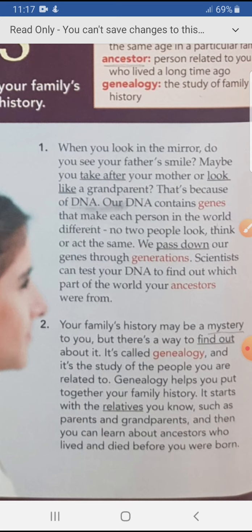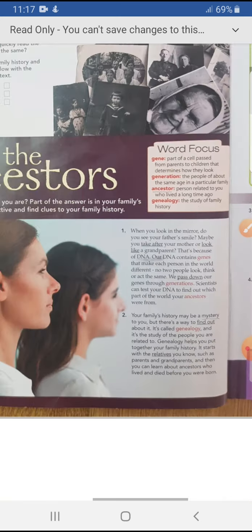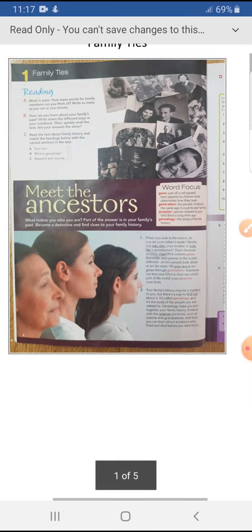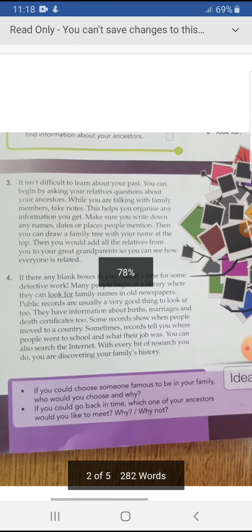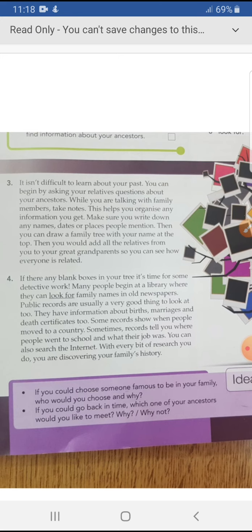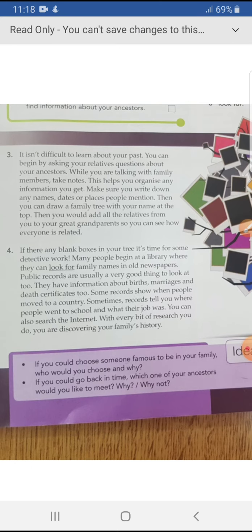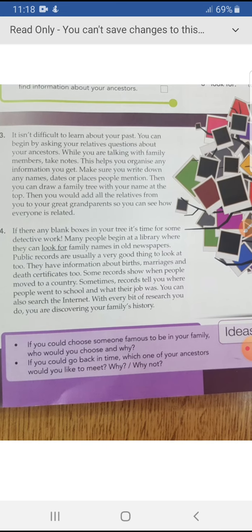Here, paragraph number 2 told us what is genealogy. Genealogy is the study of family history. Paragraph number 3 shows a technique or a way of putting together information about ancestors.